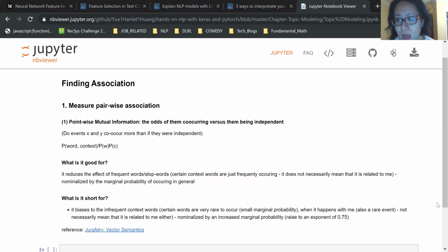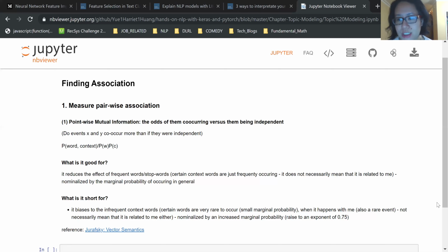Because you lack information. You need more information to make that conclusion, right? So there's something that you need to do about it, which is you should just smooth. So this is called a smoothing effect.